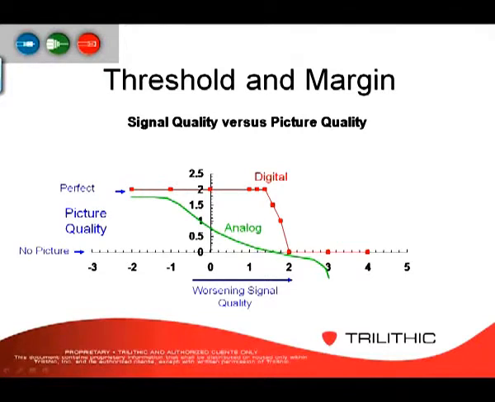And the axis going vertical is the actual picture quality itself, how good the actual quality is. So if you look at the red, it's going all the way perfect, and then all of a sudden, at the point where it goes to no picture, you can see where it just drops all the way off. Versus your green, which would be an analog carrier, where you see that the carrier gradually degrades. And that's what causes what we call a cliff effect.